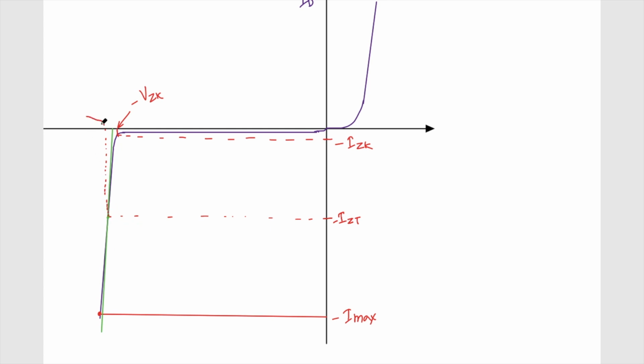This one is at minus VZT, and then I have my straight line. This straight line is intersecting the x-axis at minus VZ0.